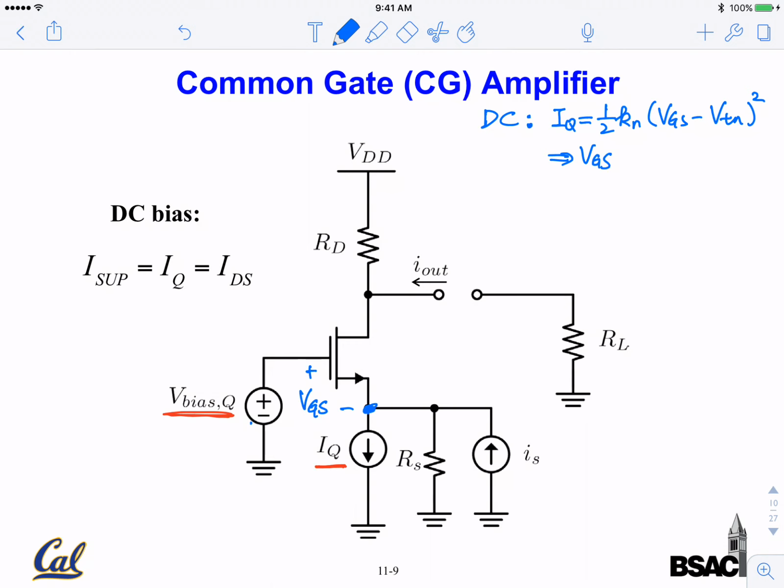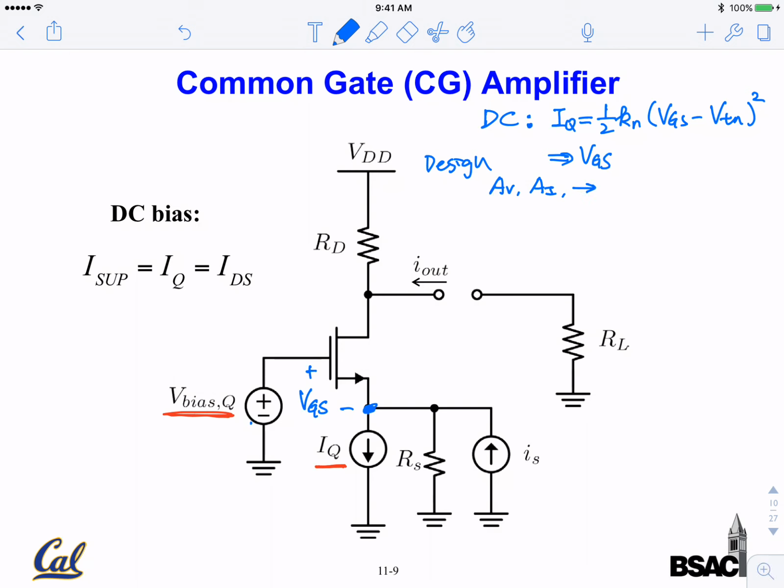So if I'm doing a design problem, I will select IQ. Let me backtrack one more step. Later we'll find all the important parameters like voltage gain or current gain.